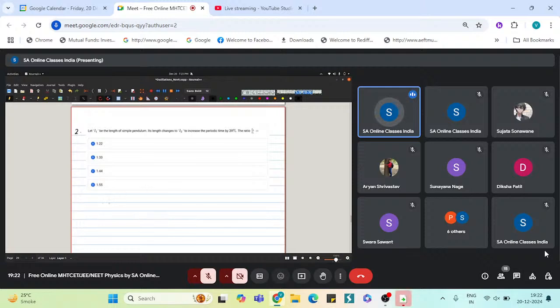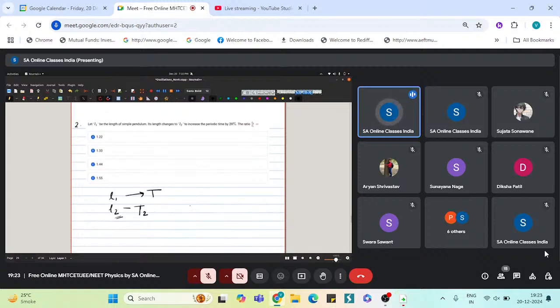The next question is, let L1 be the length of a simple pendulum. If its length changes to L2 to increase the time period by 20%. So let's say when the length of the pendulum is L, the time period is T. And then when the length of the pendulum is L2, let's say the time period is T2, and they have given that T2 is 20% higher than T. So we can just calculate the value of T2.